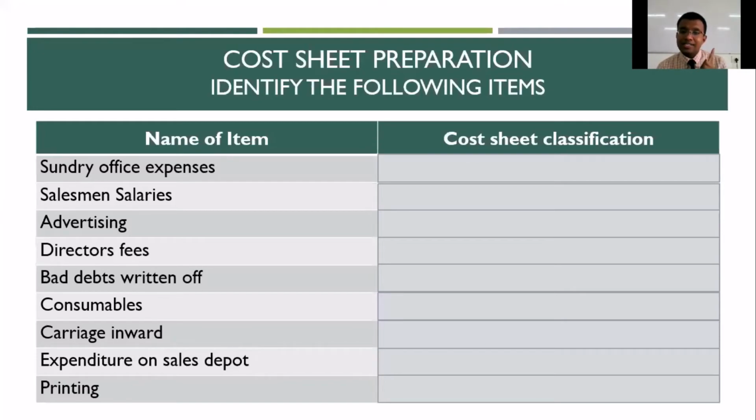Is it at factory, at administration, or at selling and distribution? The correct answer would be selling and distribution overhead. So carriage outward would be an indirect expense.